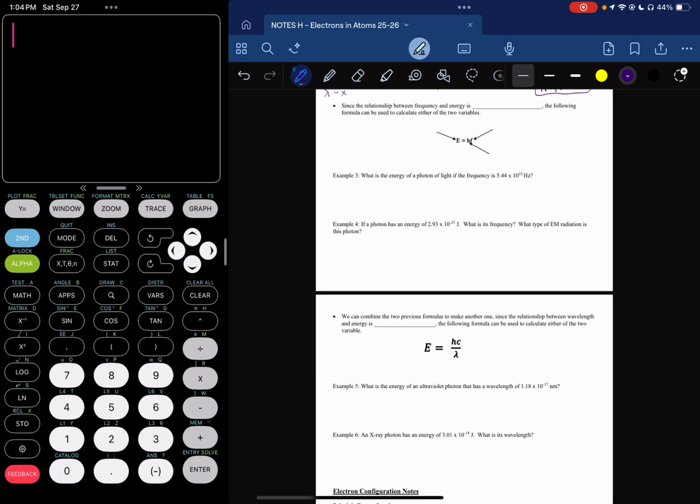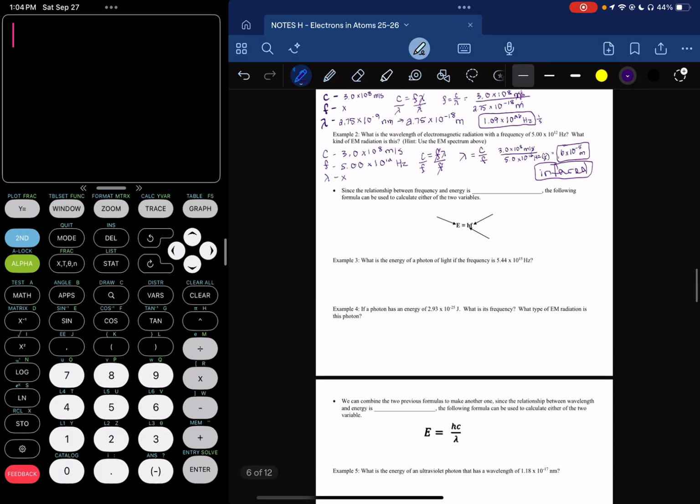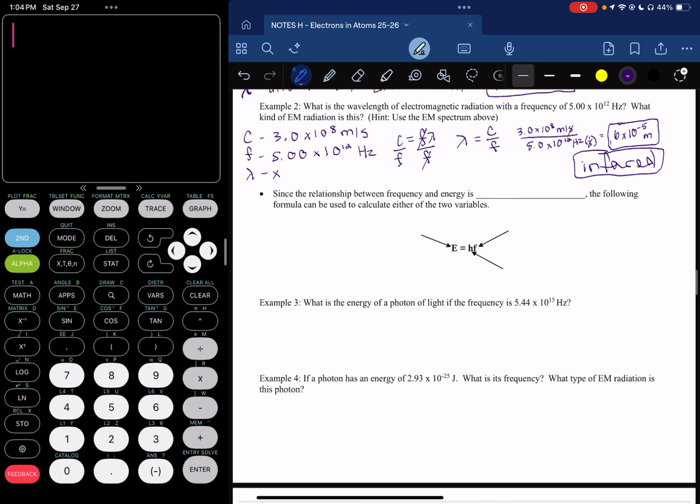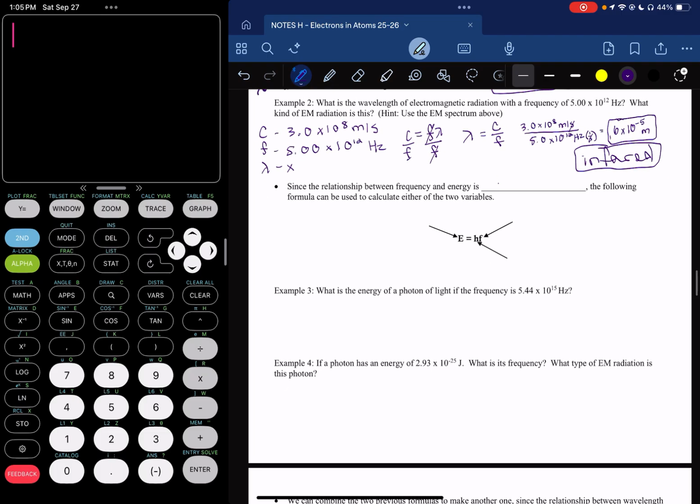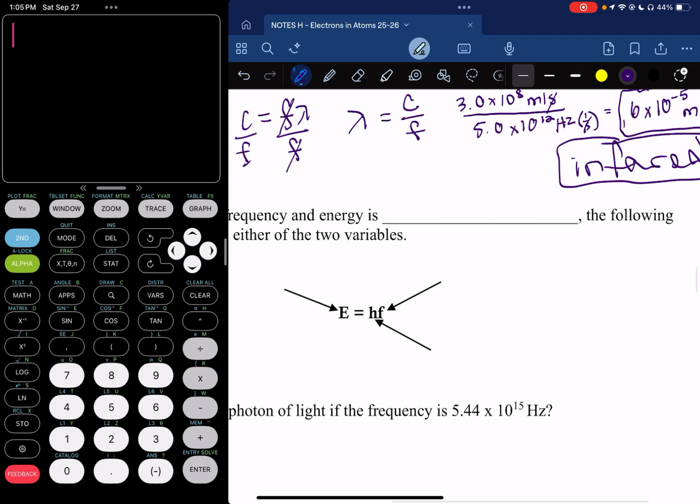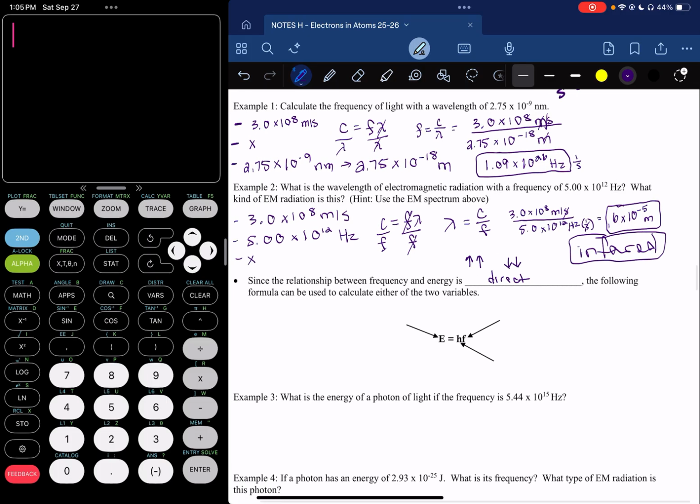We know that frequency and energy have a direct relationship. We learned that already. They're direct because the higher the frequency, the higher the energy, or the lower the frequency, the lower the energy. So that's why we have a direct relationship with those two.